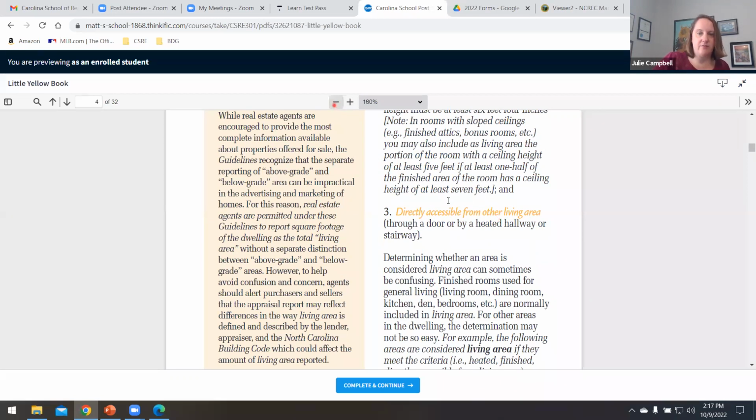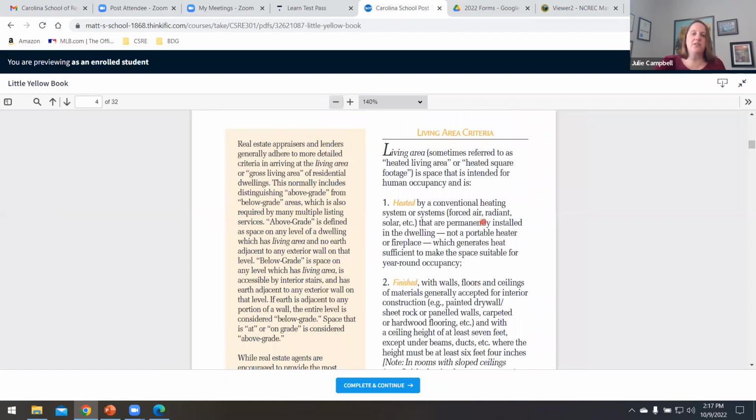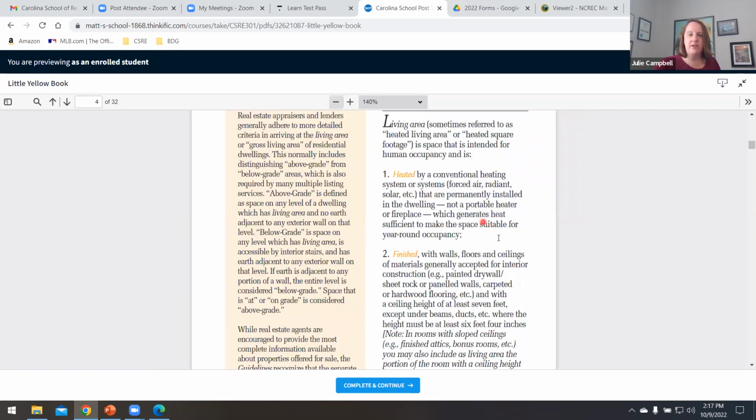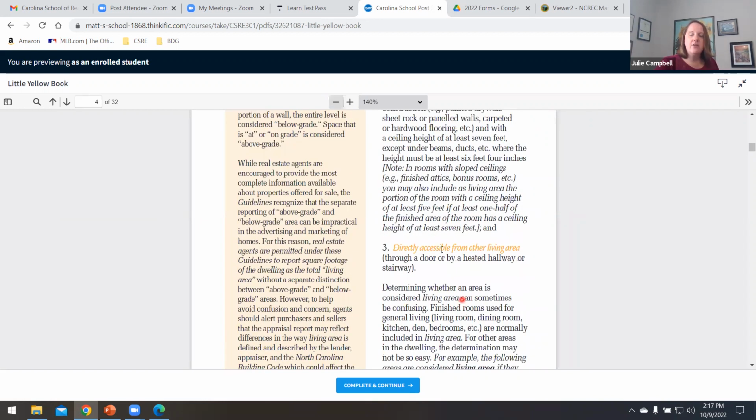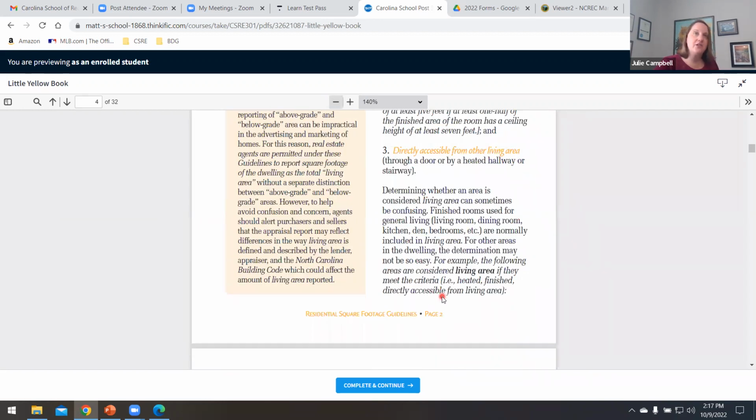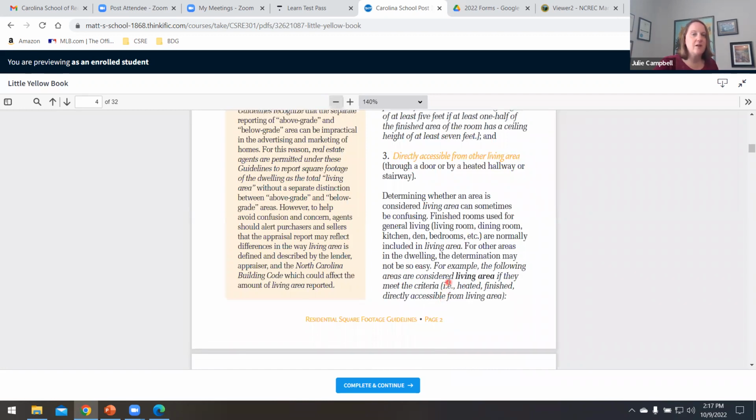It breaks down what falls under heated and what categorizes as finished. Ceilings have to be 7 feet, except sloped ceilings, which need to be 5. And then directly accessible from heated finished space to heated finished space.